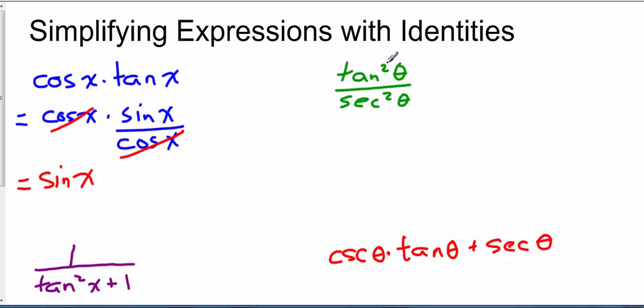Continuing on then, same sort of thing over here, tan squared over secant squared. What I'm interested in doing is simplifying this by doing some sort of substitution that will get me to potentially at least simplify. Right now, tan over secant doesn't help me any, but tan we know is sine over cos.